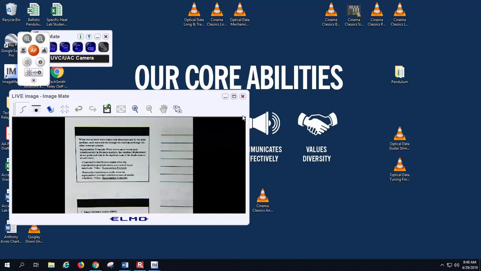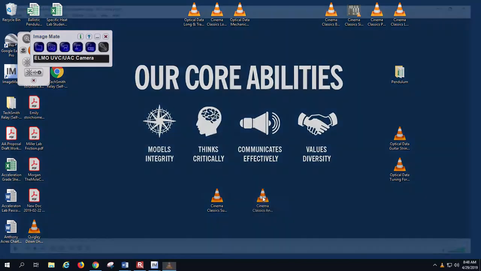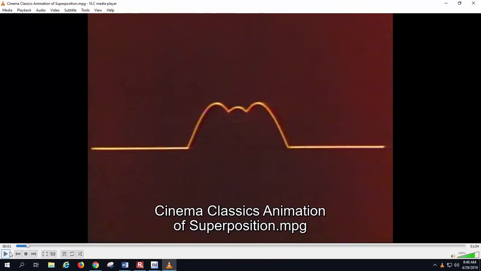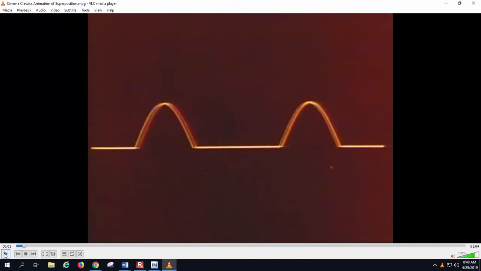Well, I actually have tuning. Okay, if you look at these two waves coming together, this is going to be constructive interference. Watch what happens. These waves are adding together, correct?